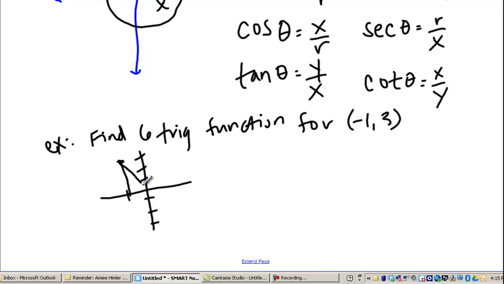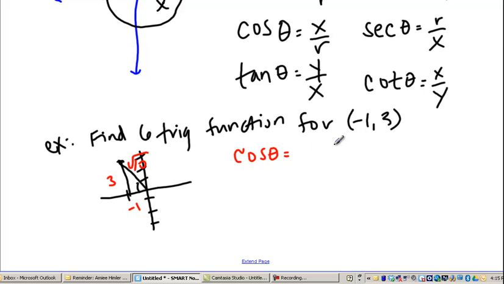Always draw it because it's our reference angle. So this is 3, our x value is -1. And we have to do the Pythagorean theorem as well to find r. So you should get the square root of 10.